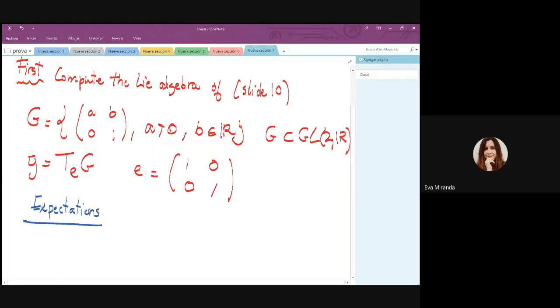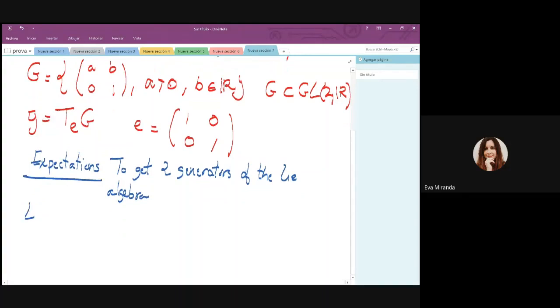The expectation is to get two generators of the algebra, and then what is the Lie structure, or the bracket? As I told you two videos ago, the bracket is just given by the commutator of matrices.